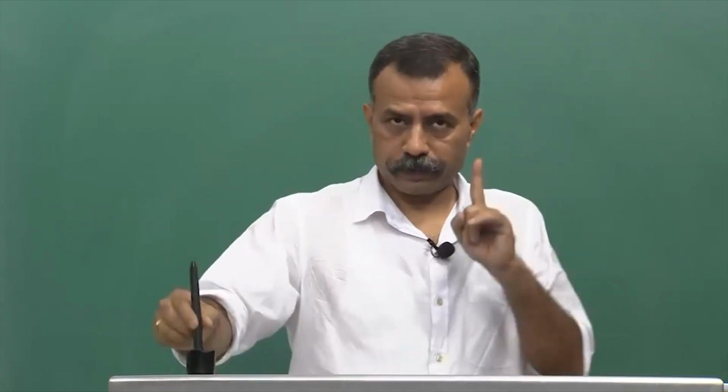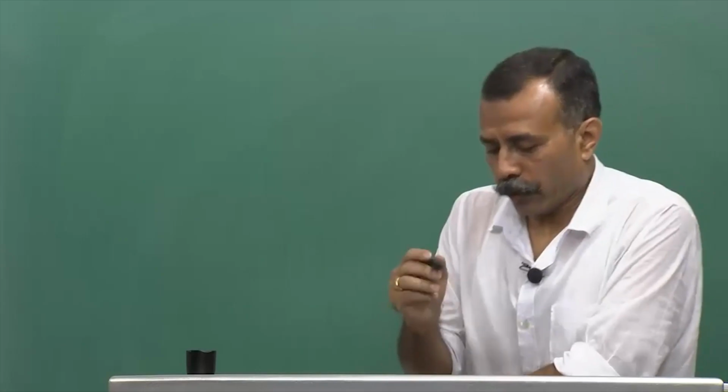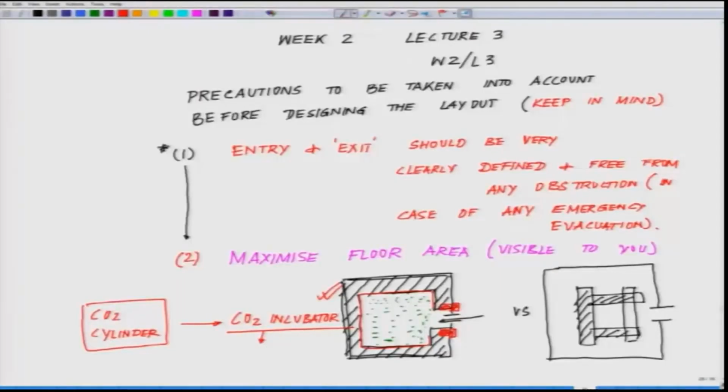Second thing, now the problem comes here. Say for example, you have a cylinder here, just try to imagine, or you have a cylinder here, the places I am circling, and you have an incubator sitting here, say on this countertop, which I am marking in blue. Adjacent to the incubator, you need to have a place for the cylinder.